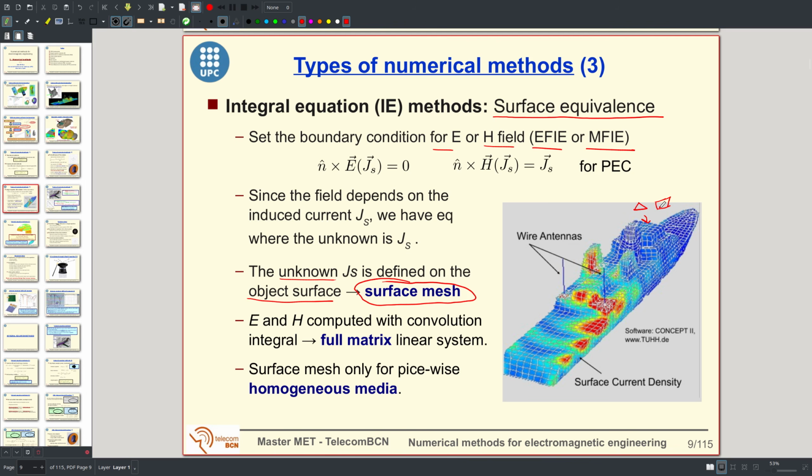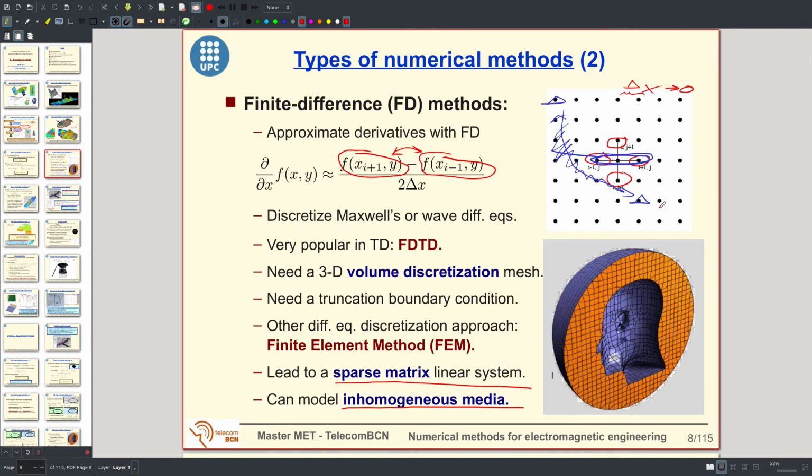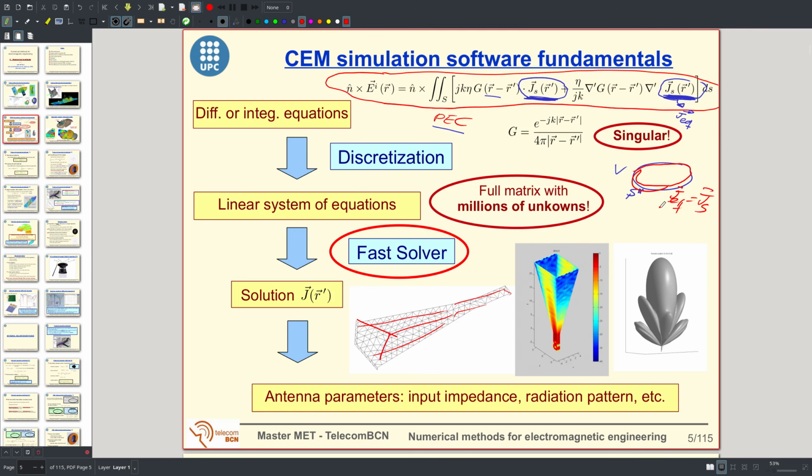now you don't have a finite difference discretization of the operators. You have a convolution integral. And this is very important because for a convolution integral, to compute the field at every point, you have to sum the contributions of all the source points R prime. So there is a full relation between points R and R prime. All points R need the summation of all points R prime.